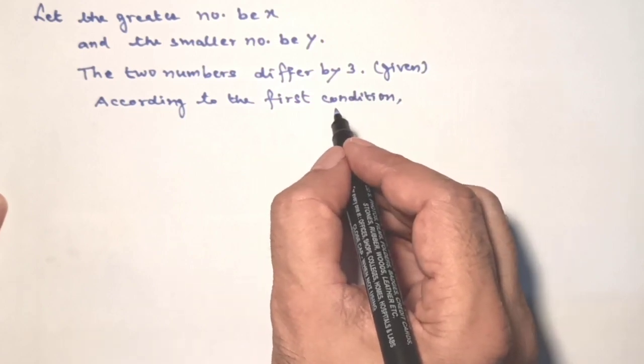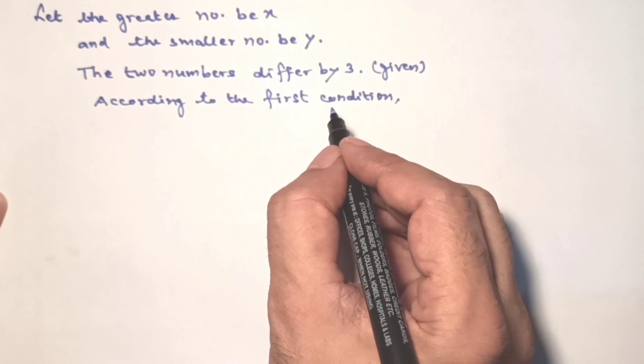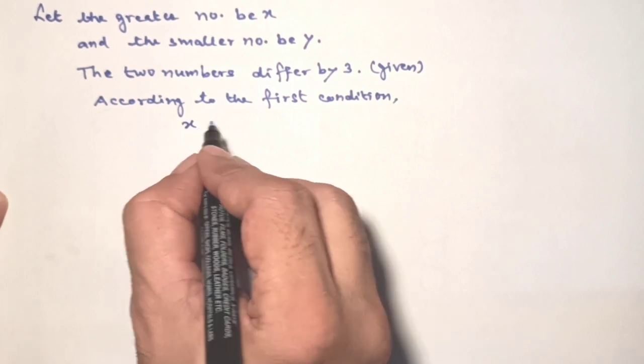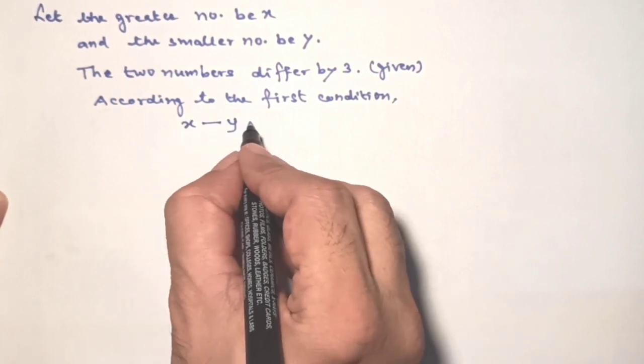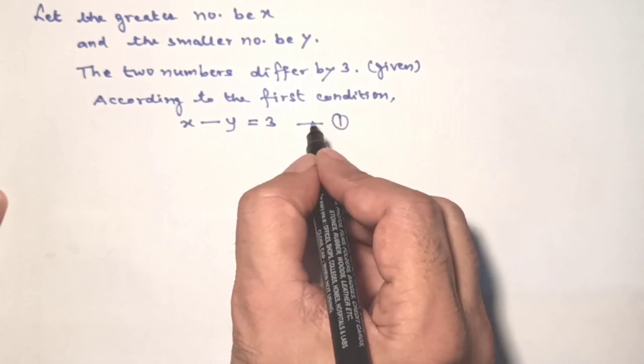The difference between these two numbers is 3. That means when you subtract the smaller number from the greater number, you get 3. So the greater number is x, the smaller number is y. When you subtract, you get x minus y is equal to 3. This is your first condition.